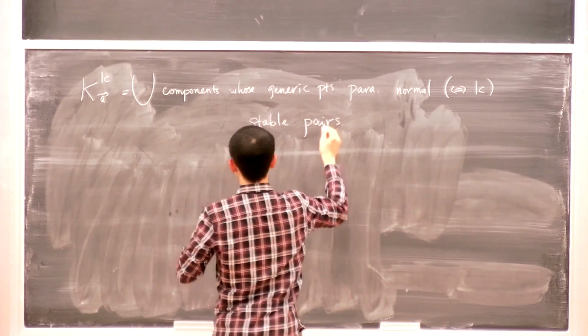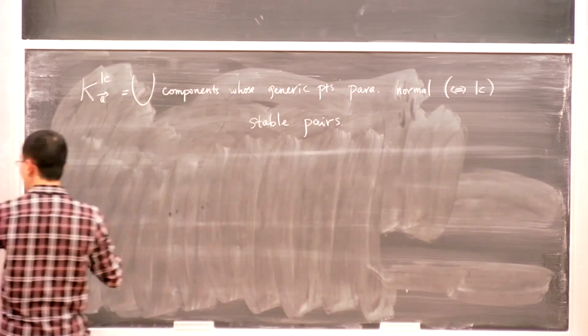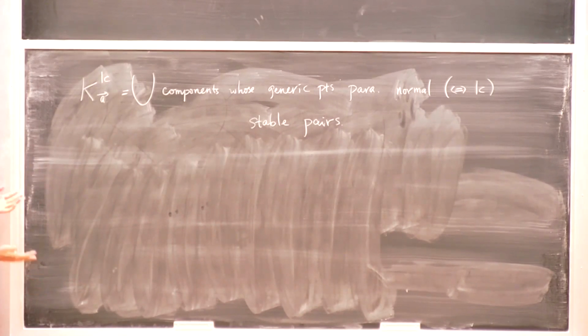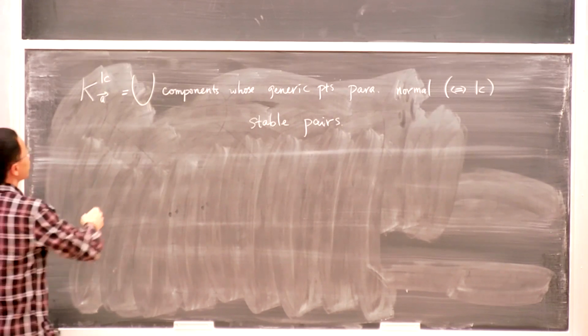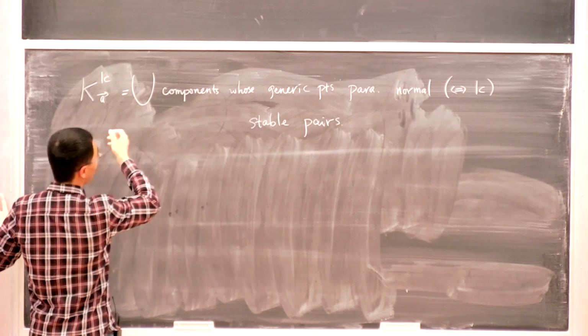And hopefully this is not too bad, because if you have a semi-log canonical pair that's not normal, then basically they are glued together by taking two normal ones. So in terms of the moduli space, we don't lose that much. Okay, so that's the first modification we have to do.